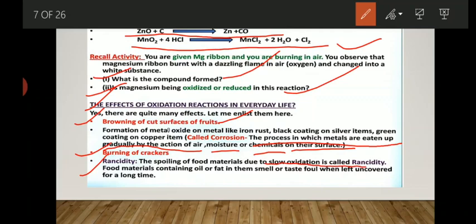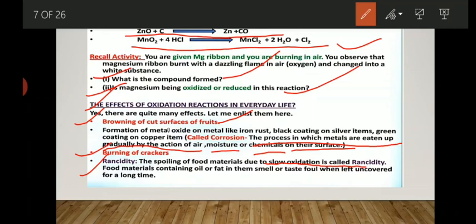Now, how will we prevent our metals as well as food material from corrosion and rancidity? Let's discuss the prevention methods of corrosion and rancidity. Before that, let's see some examples of corrosion which we observe in our day-to-day life.